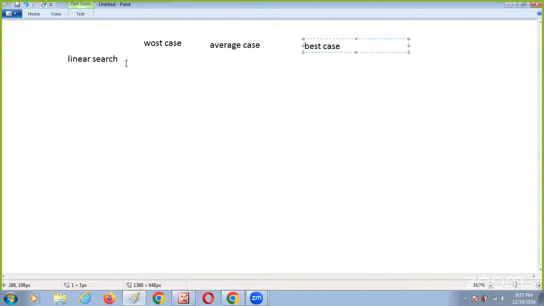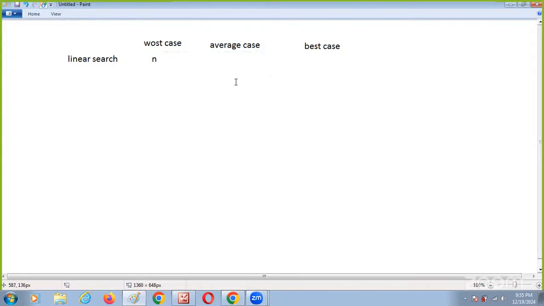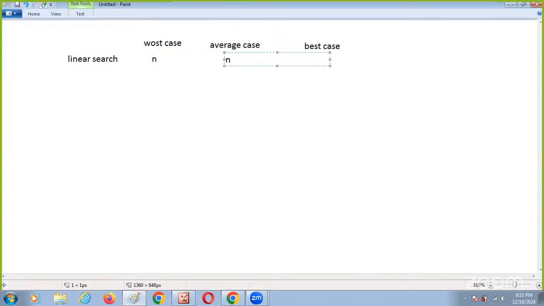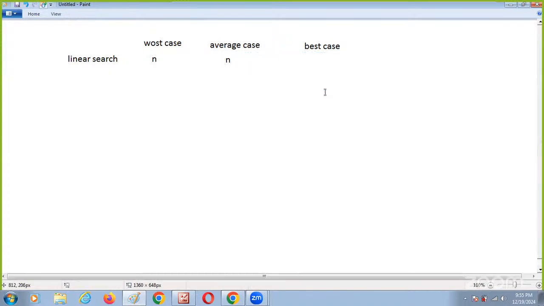Tell me, in linear search, what is the worst case? Worst case time complexity is order of n. And average case is order of n by 2. Since n by 2 is still proportional to n, it becomes n only. Next, the best case is 1.